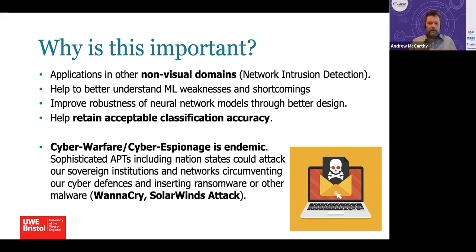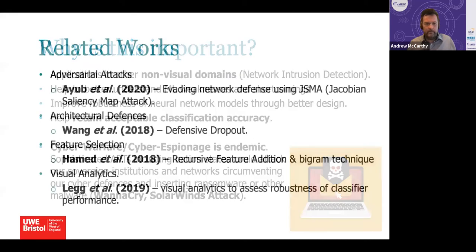And the problem is that the bad guys are always looking for a way to evade our defenses. Currently, adversarial examples are kind of like the chink in our armor. They're our biggest weakness at the moment. We've seen this in ransomware attacks such as WannaCry, and with the SolarWinds attack as well, which shows how reliant we are on intrusion detection systems. So if I could go to the next slide.